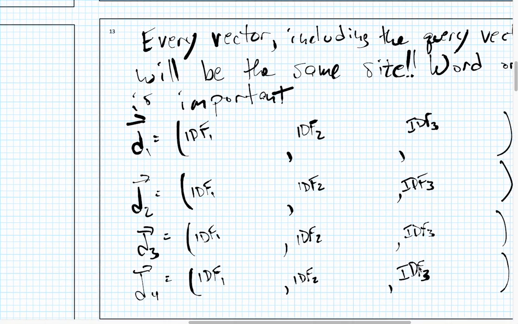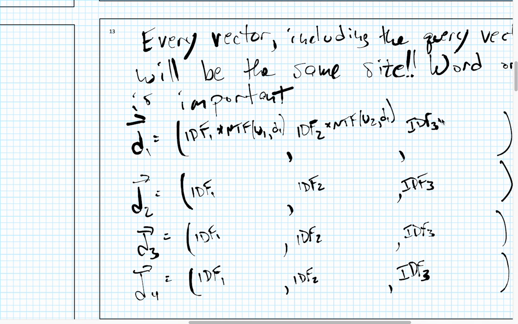But now we're not done here. This is going to be times the normalized term frequency of W1, comma, D1. And this over here is going to be times the normalized term frequency of W2, comma, D1.